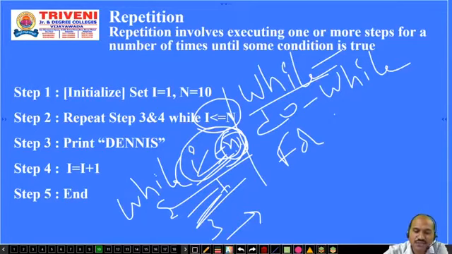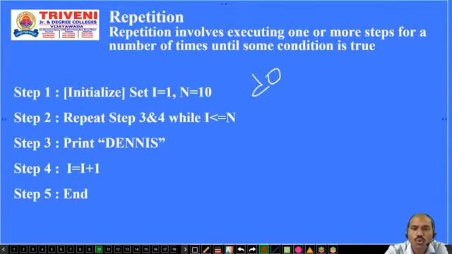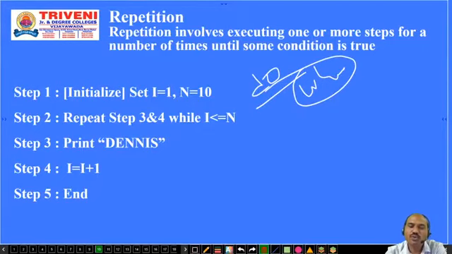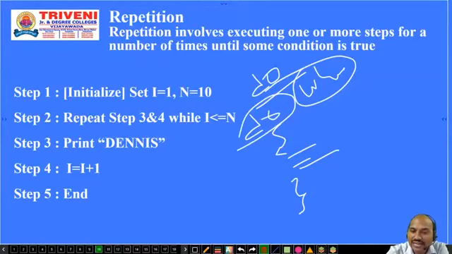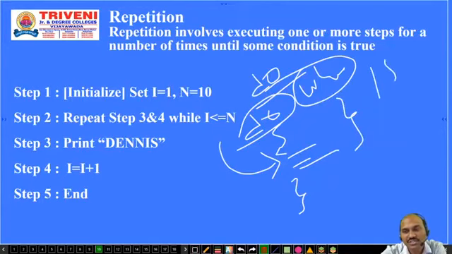The next one is do while. What is meant by do while? First we have to enter into the statement. For example, this is the starting of the loop. So do means enter into the loop and first execute the statement.